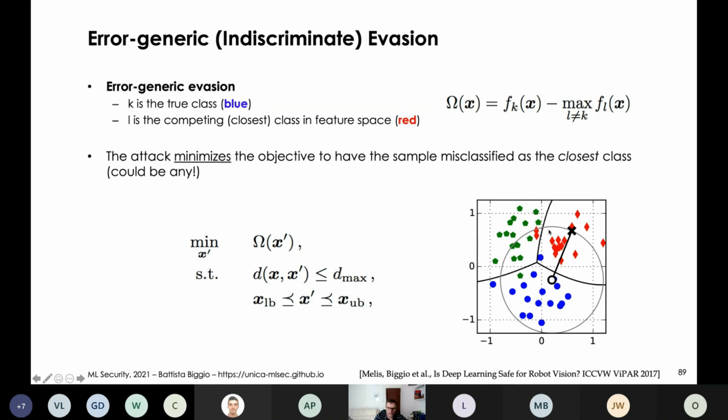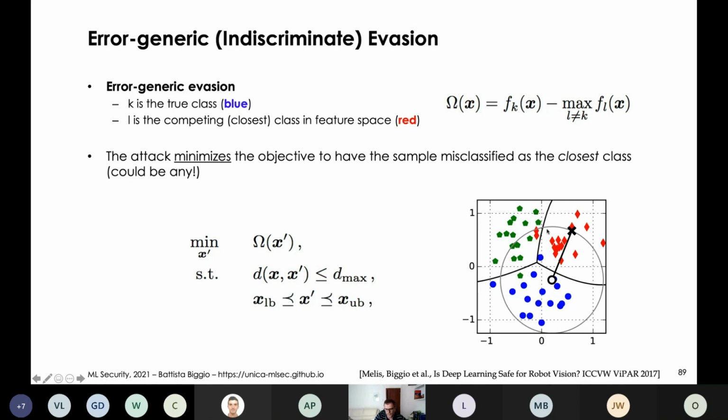What you see here around the point is the L2 constraint on the number of changes that you can apply to the initial sample. This distance function is the Euclidean distance between the center of this ball, which is x, the source sample, and x prime, which is the modification that you are seeking. So something that is misclassified as either green or red, but not classified as blue, because here we are in the indiscriminate case.